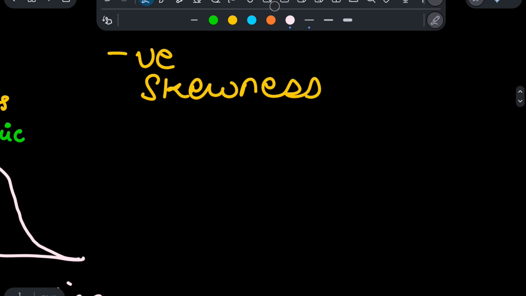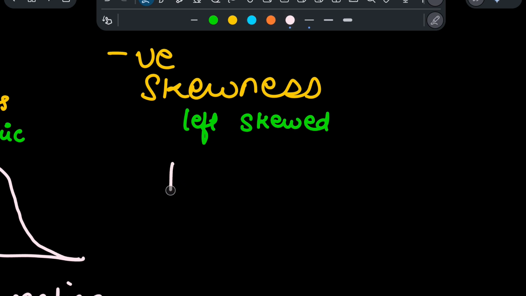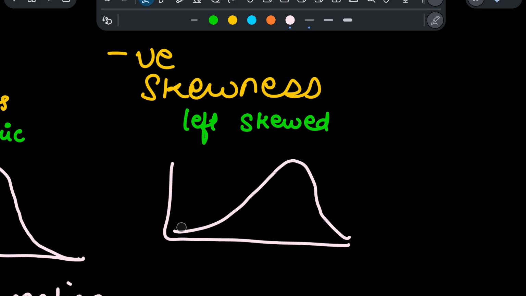Talking about the negative skewness, it is also known as left skewed, and its graph looks something like this. If you see a graph like this, just know that it is the negative skewness, as the graph is skewed towards the left.